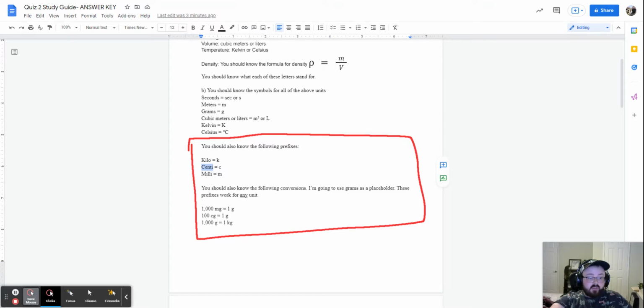So 100 centigrams is 1 gram, 1,000 milligrams is 1 gram, and kilo also means 1,000. I don't know where that word usage comes from, but 1,000 grams makes a kilogram. So milli and centi are smaller compared to the base unit, and kilo is 1,000 times more than that. You're going to have to know these. We're going to be using these all throughout the class, so you definitely need to know these.